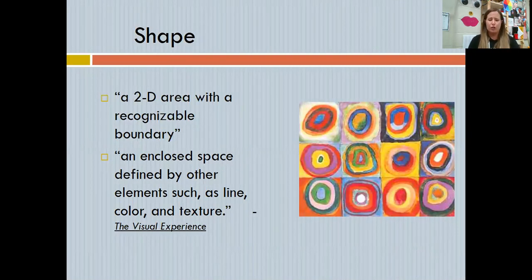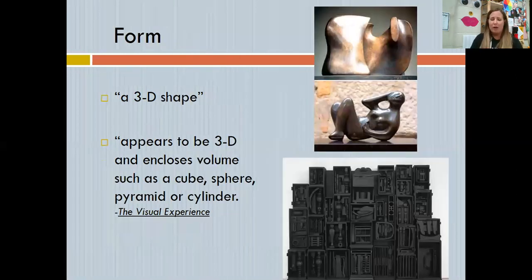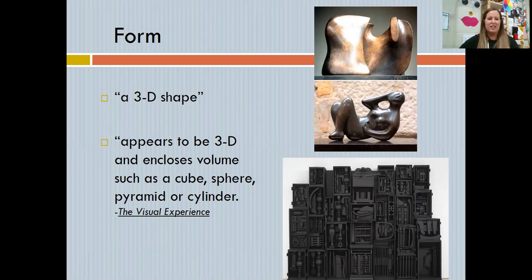So for example, a circle shape, right? A sphere is a form, okay? So we really have to focus in here on how to take shapes and change them from two-dimensional into three-dimensional forms, all right? You'll hear me use those words a lot. I refer to things as shapes too, but we really want to talk about things three-dimensionally as forms.